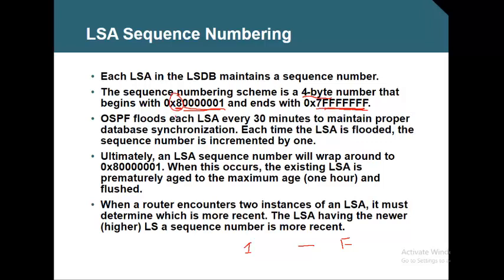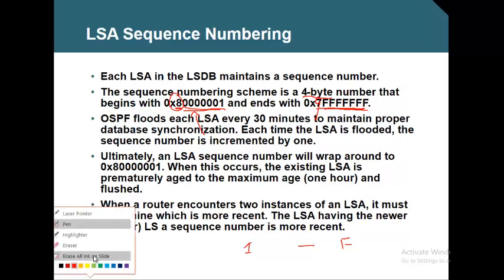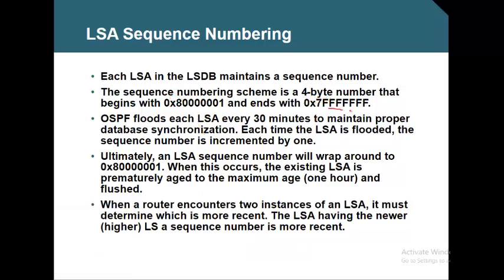Again it can start again. If it reaches 9, it cannot start from here again. You understand? So when it reaches F, 8 becomes 7 so that it can restart from 8. You got it?